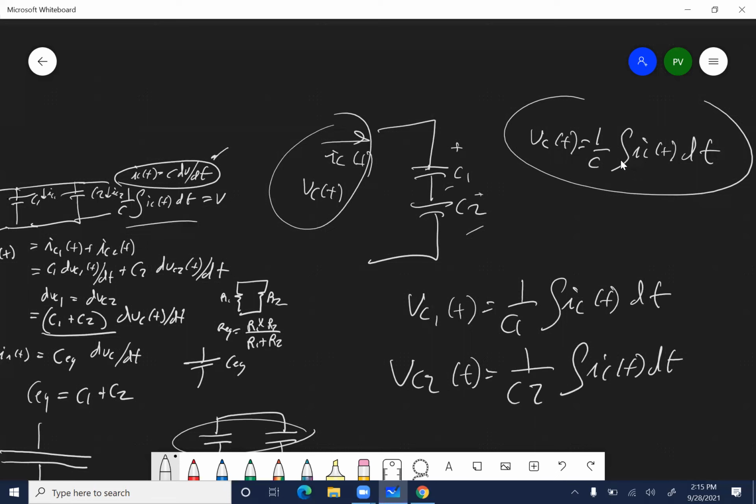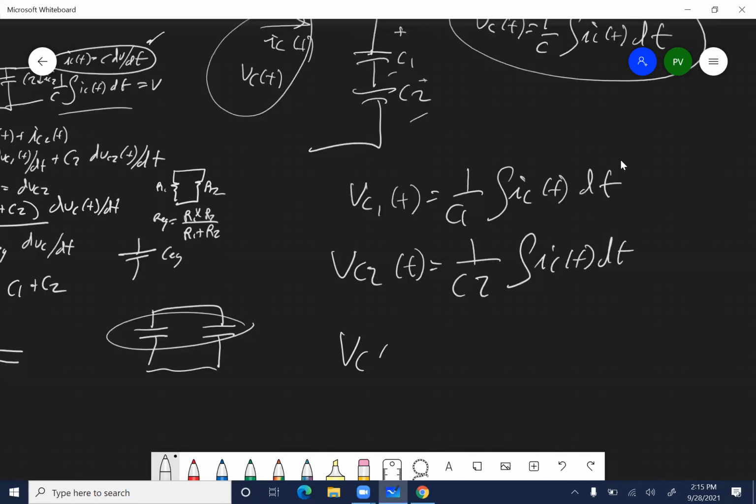And then we know that my applied voltage is VC1 of T plus VC2 of T, because those are in series with each other. So we're just summing the voltage drops. The voltage from here to here is just the sum of the two voltage drops across the capacitors.